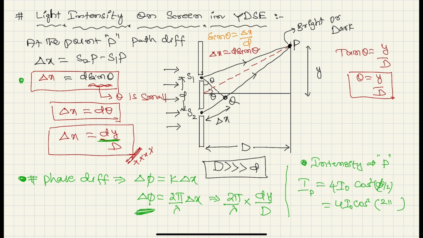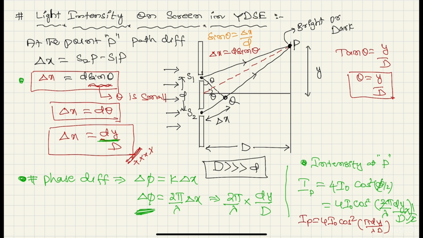So you write 2 pi by lambda into d y by capital D. So it is 4 I naught cos square of 2 pi by lambda into d y by capital D, all divided by 2. The 2 cancels, so the final relation is 4 I naught cos square pi d y by lambda D. This is the intensity at the point P.